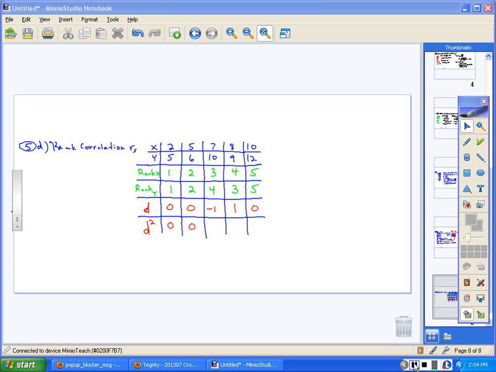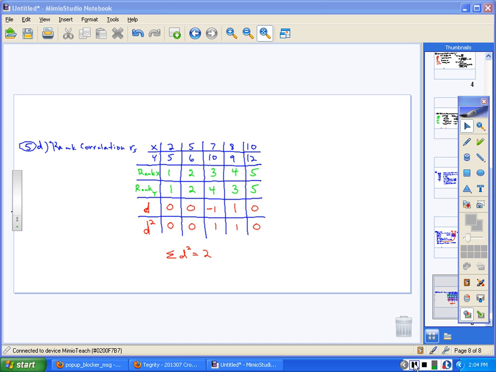Or just remember that a negative times a negative is a positive. So we get a 1 here, a 1 here, and then a 0. And the only thing that we need from this entire chart is the sum of the d squareds. And in our case, the d squareds added up to 2.